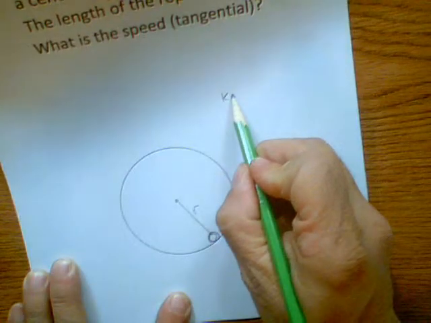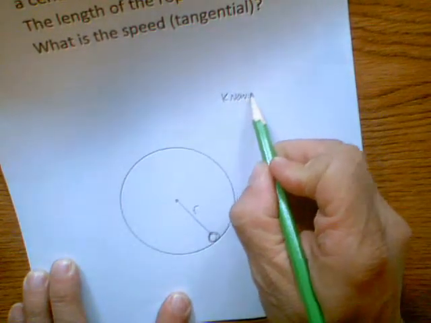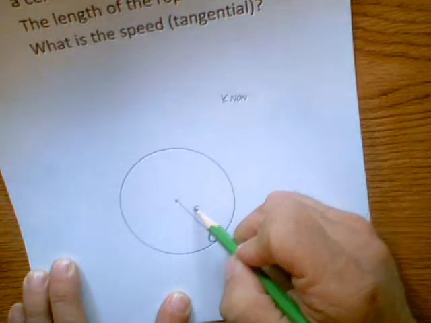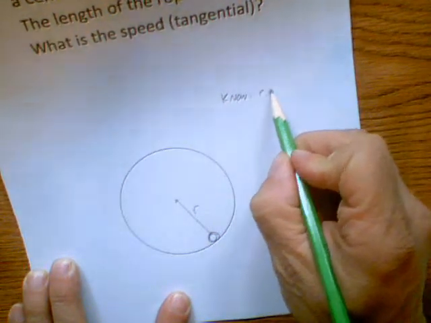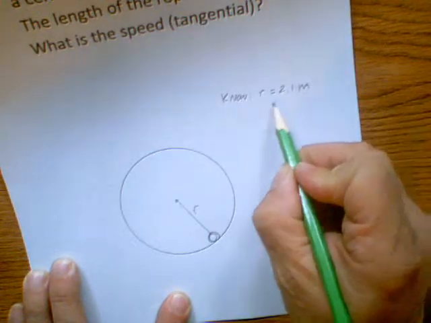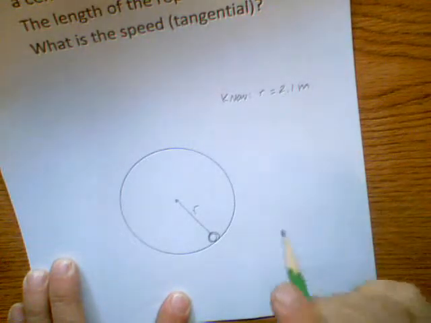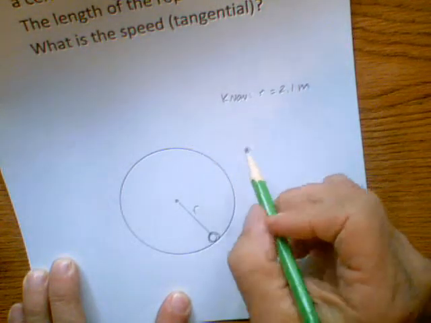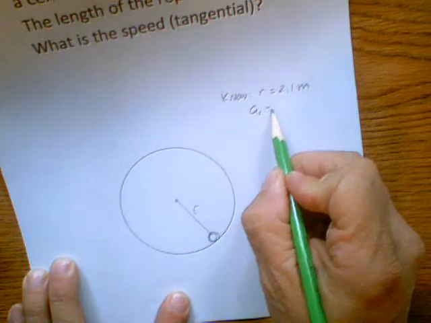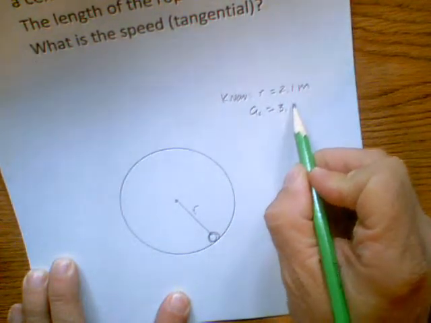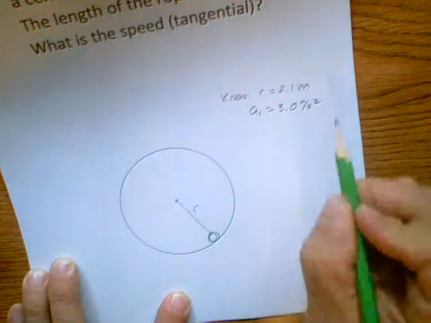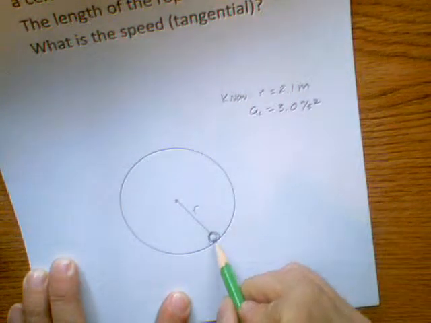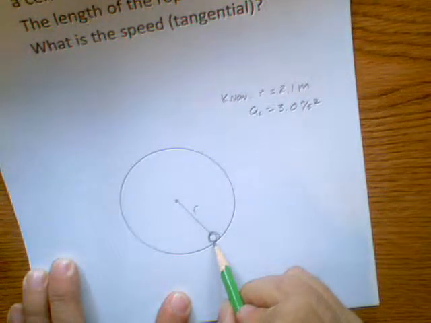We know the radius is 2.1 meters. That's good. What else do we know? We know that the acceleration is 3.0 meters per second squared. Right. So we know the acceleration.